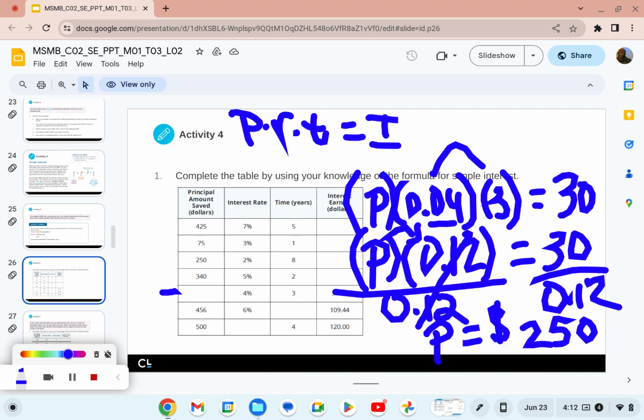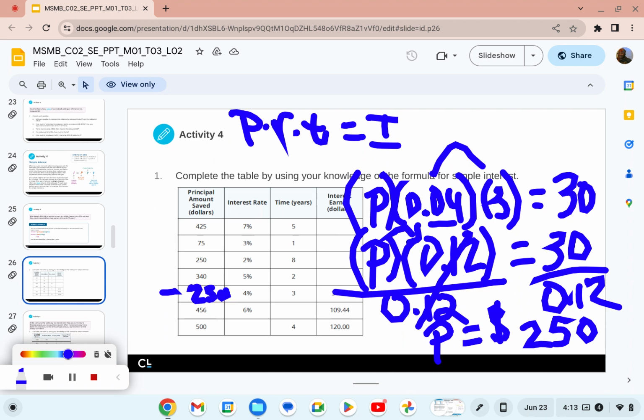If you need to go back over that, please take your time. Should my principal amount be $250? Now, this is how we're going to check everything. I could hear someone saying, but if you divide 30 by 0.12, how does your number become so large? Well, I did divide it by a decimal, or a fraction, if you will. Think about it this way. If I have $250, we can check this by multiplying across now.